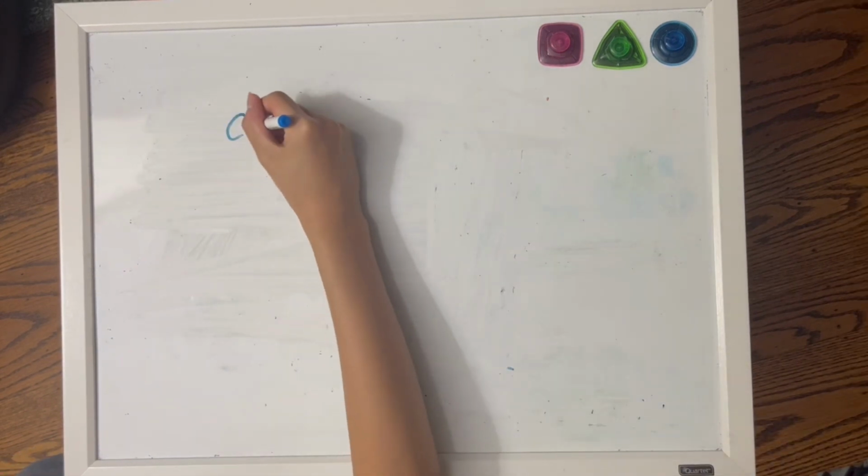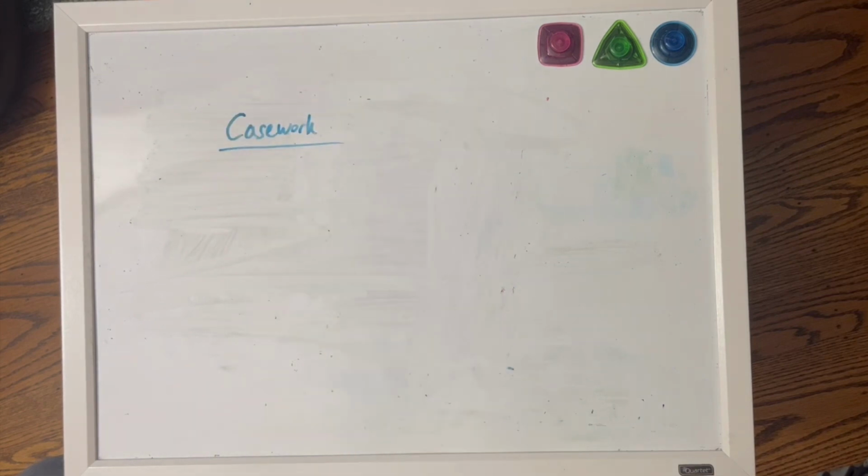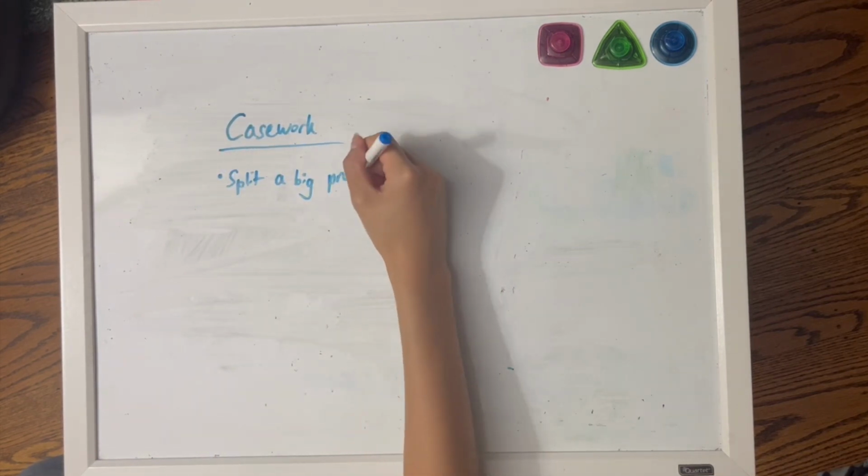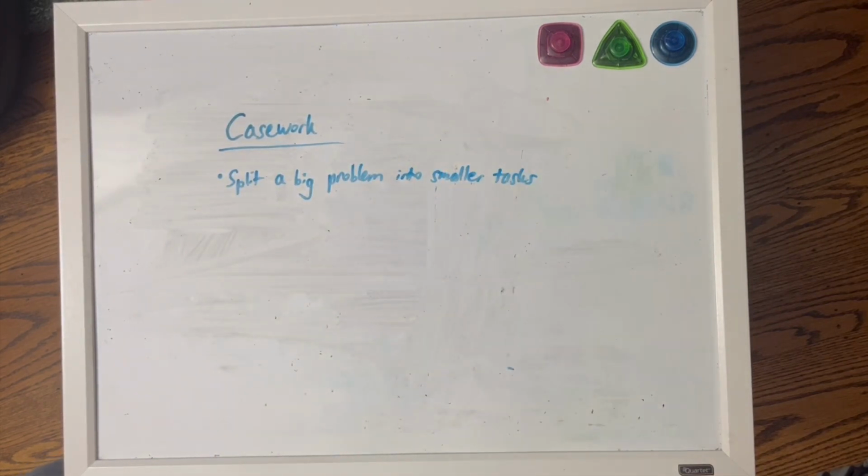So what is casework? Casework is just when you split a bigger problem into smaller tasks, which makes it a lot easier to solve. So in our examples, we used counting different shapes. So instead of just randomly counting squares, you can count all of a certain type of square and then figure out all the different types of squares you need to remember.